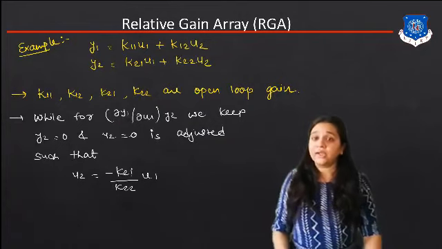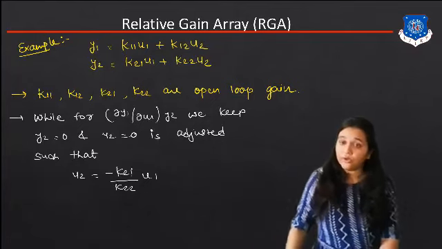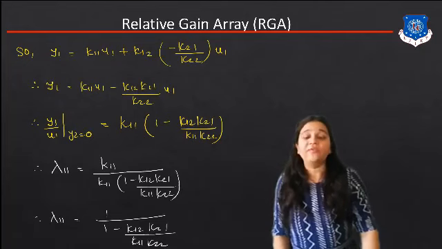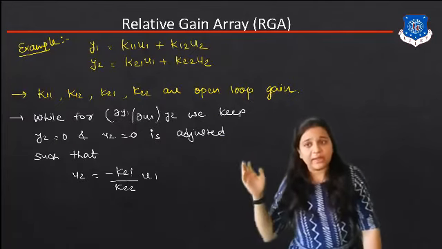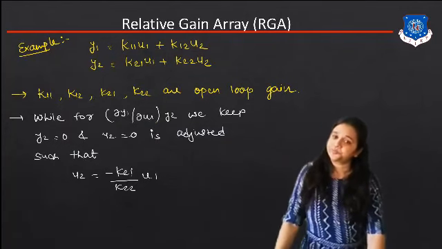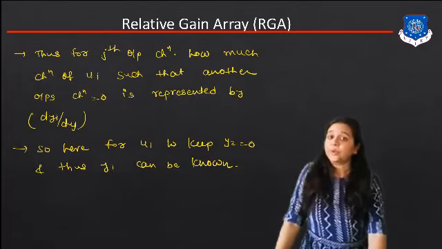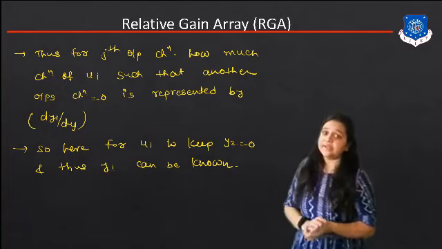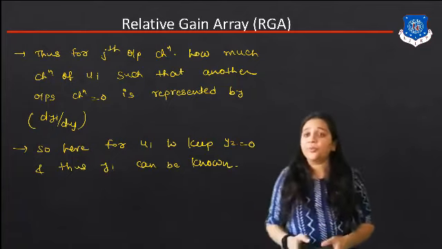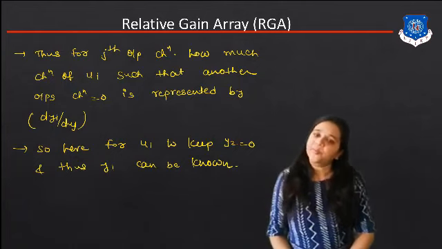So what we can do: the two equations are given and the open loop gains are given. We can keep y2 equal to 0 and u2 equal to 0. So we can get the value of lambda 11. The same thing will be applied if we take y1 equal to 0 and u1 equal to 0. So using this equation for the jth output characteristic, how much characteristic of ui such that another output characteristic is 0, replaced by dyi upon duj.